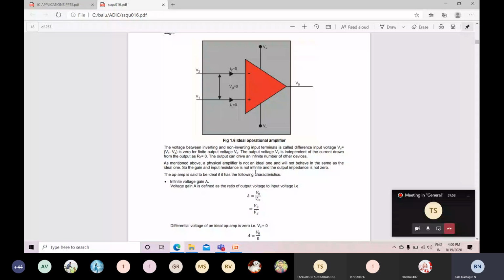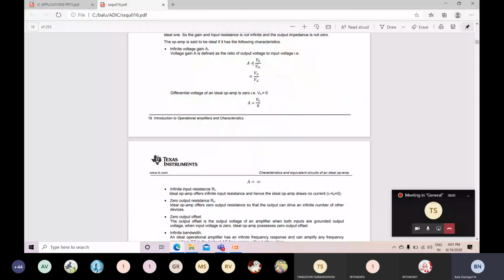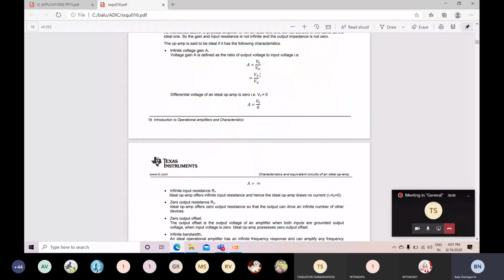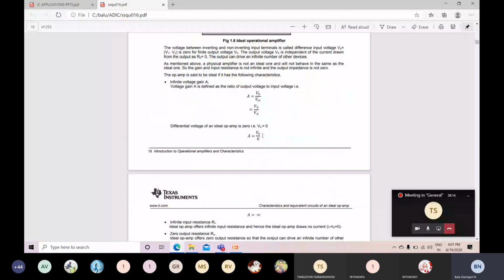Let us see that later. From this we can say the infinite voltage gain is A equal to V naught by V in, where V in is the difference of these two voltages, which is equal to 0. Therefore A is equal to infinity.